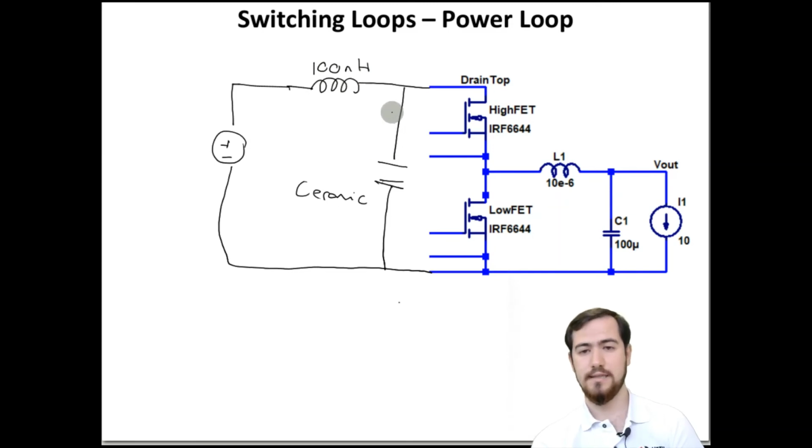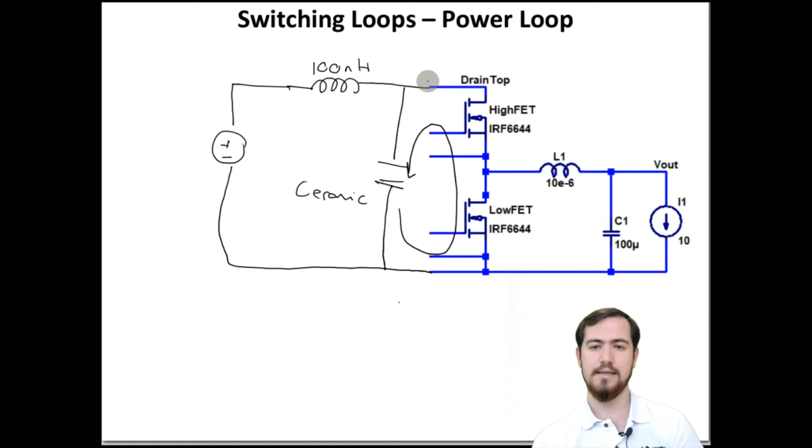Actually, we can leave the inductance outside of the power loop, because now the power loop is defined as this loop, and any current comes with a very high frequency, let's say. We know that the impedance of an inductor is proportional to the frequency, and for the capacitance it is inversely proportional.